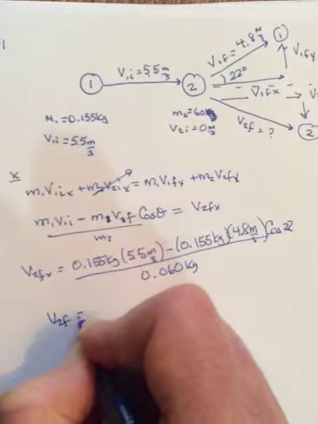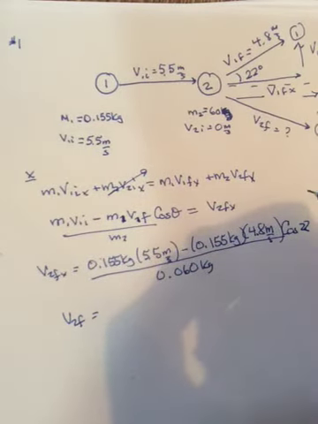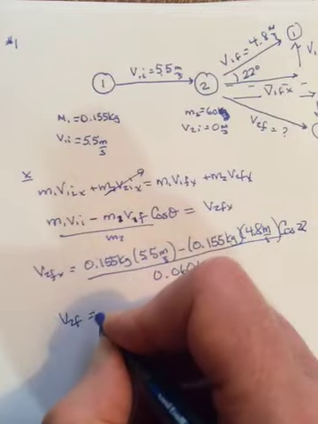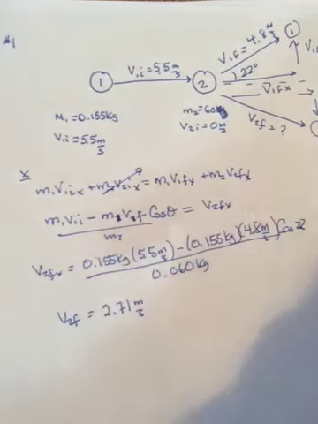Punch this all into your calculator, and you should get 2.71 meters per second. Yes, there are more decimals than that, but that's all I'm keeping.